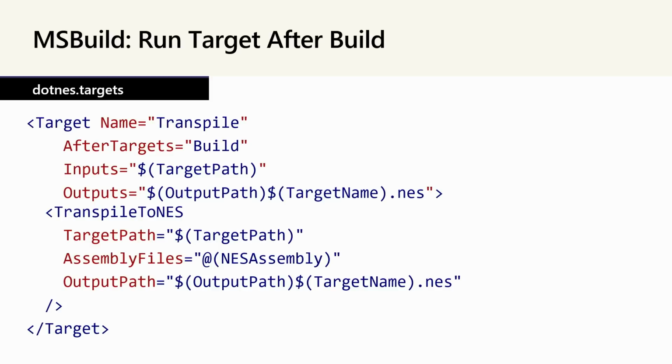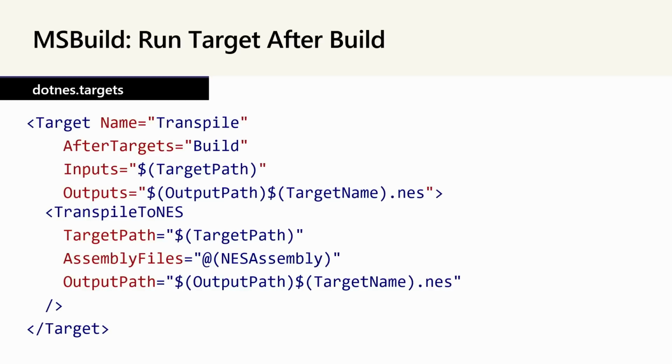It has an input of target path, and anything in here with a $ sign is how you reference an MSBuild property. The input would be, for example, hello.dll, and the output would be hello.nes. The way targets work is if the input is newer than the output, or the output doesn't exist, it will run the target, and otherwise it'll get skipped.